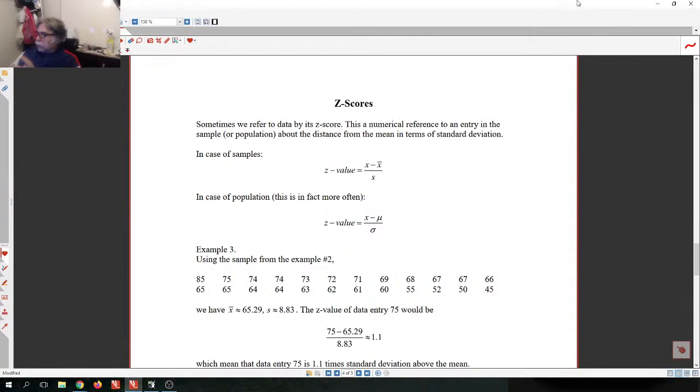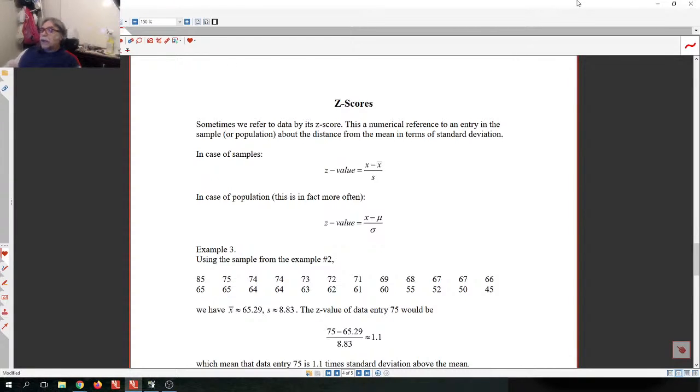So if I tell you that the height of an American male is 69 inches on average, that would be the population mean, and the standard deviation is 3 inches.